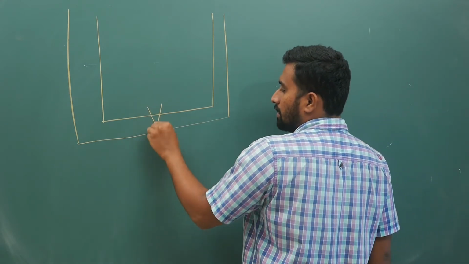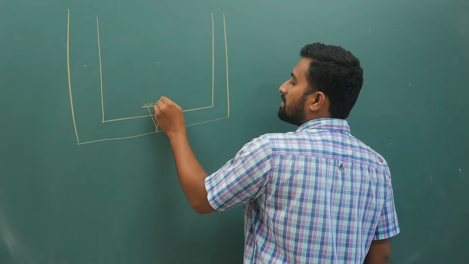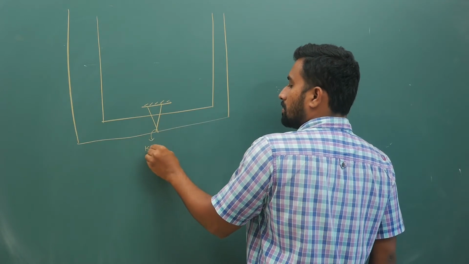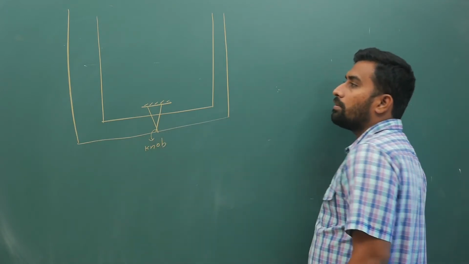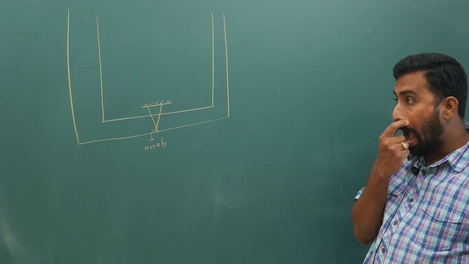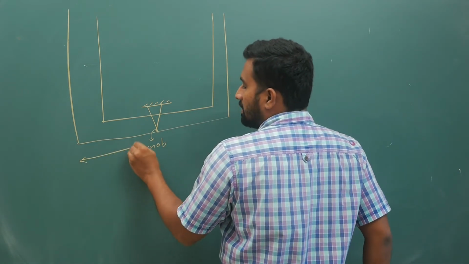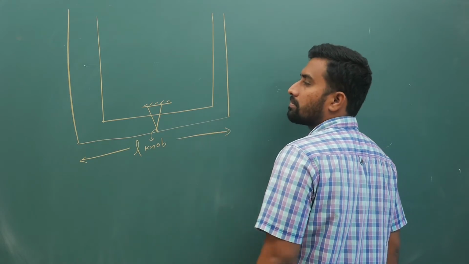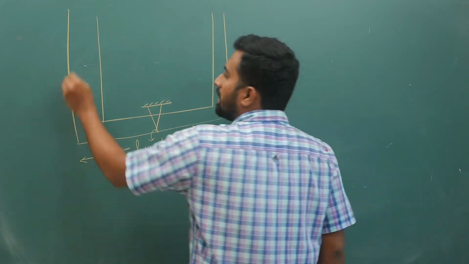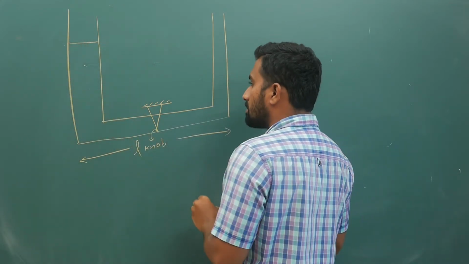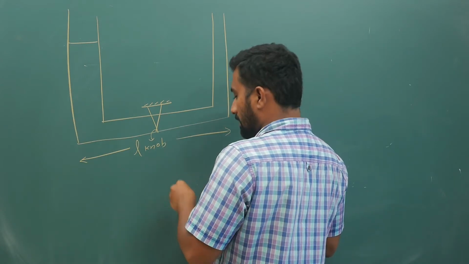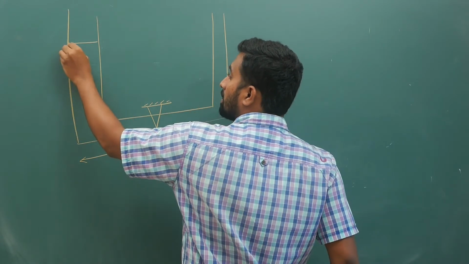Let us say in the middle there is a knob. Let us say this length is L. This side I am filling with one liquid, and the other side I am filling with another liquid.